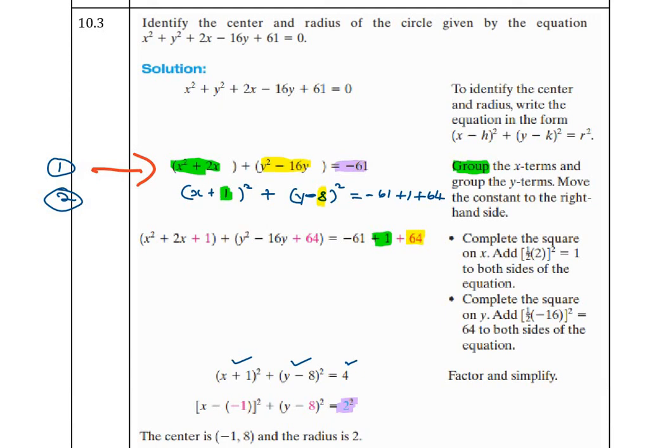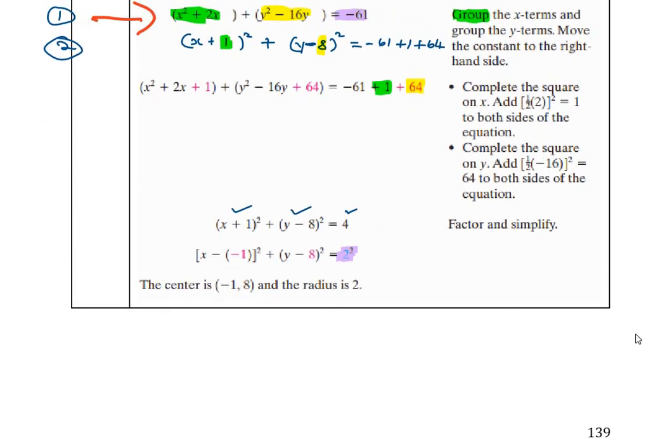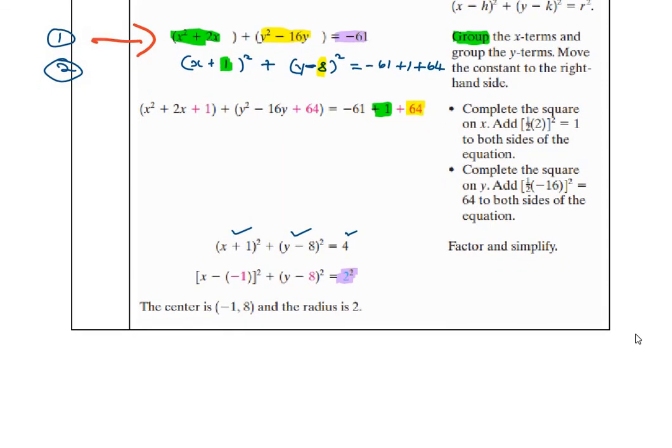Some people, when you ask them what is the radius, unfortunately they will write 4. They forgot that it is actually r squared on the right-hand side. So my final answer will then be to say, okay, therefore the center is negative 1, 8, and my radius is 2.